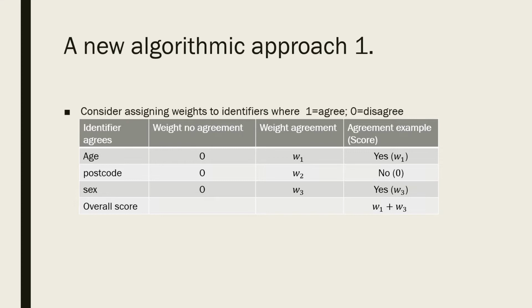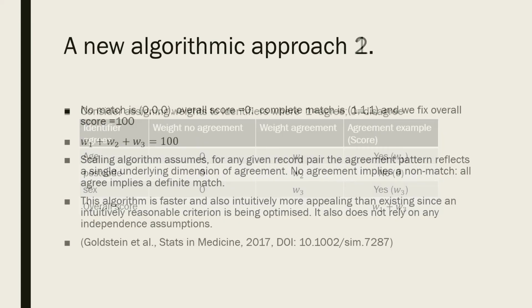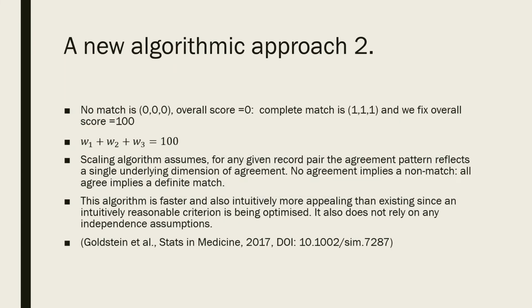So not just 0, 1, but some partial measure. And there are all kinds of systems, Soundex, metaphone systems and so on for doing that that can be built in. And that in principle is not a problem as to the computational burden. So I've already said some of this.